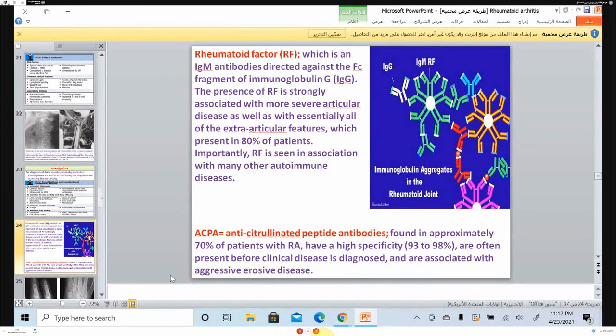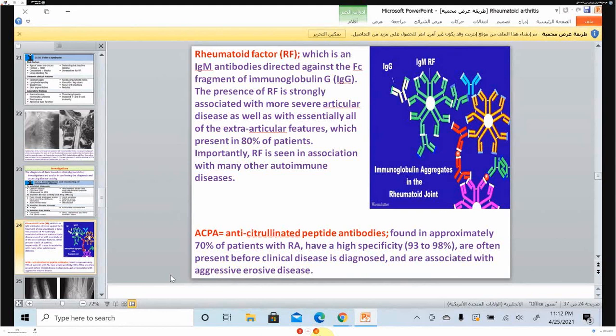Against the Fc portion of immunoglobulin G. The problem is basically with the IgG, then the body makes IgM against the Fc portion of the IgG. The presence of this IgM antibody, or rheumatoid factor, usually indicates or is associated with more severe articular as well as extra-articular disease.